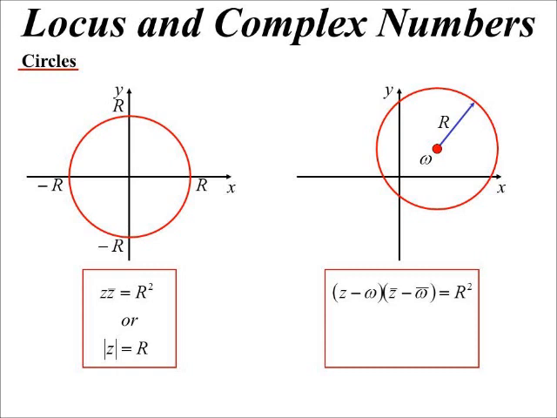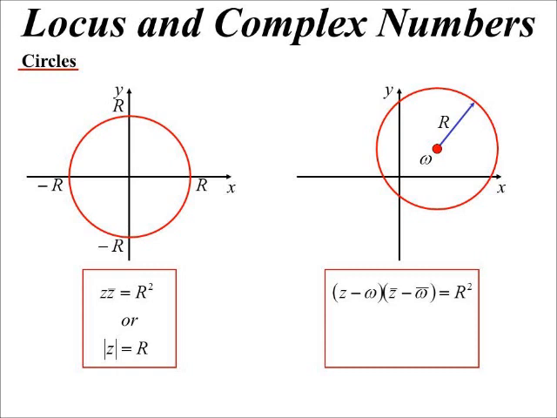Okay? If we shift that centre, what we saw before was we'd see it in that sort of format, z minus omega, z conjugate minus omega conjugate. But again, now we could think of it using this idea of vectors. Z, remember, is on the red circle, and I'm joining it to omega. So that vector would represent the complex number z minus w. Well, the radius is the length.